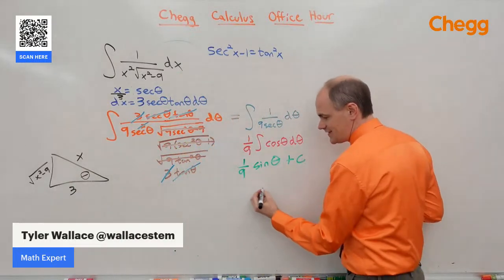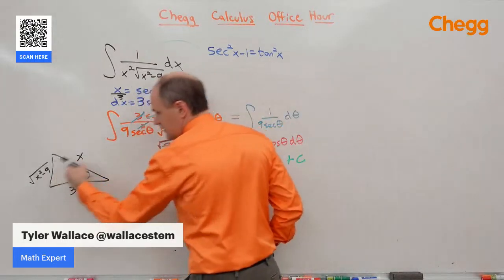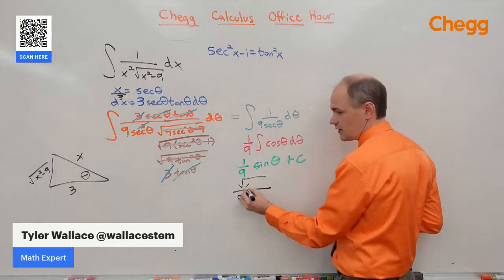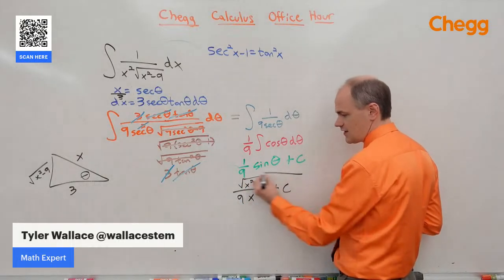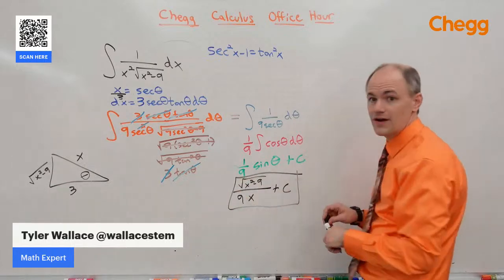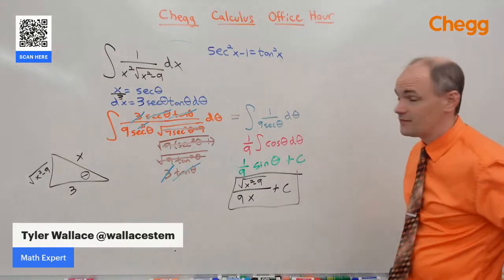We want 1/9 of the sine. Well, sine is the opposite over the hypotenuse. We get the square root of x squared minus 9 over the hypotenuse of x. And that, my friends, is our solution to this integral.